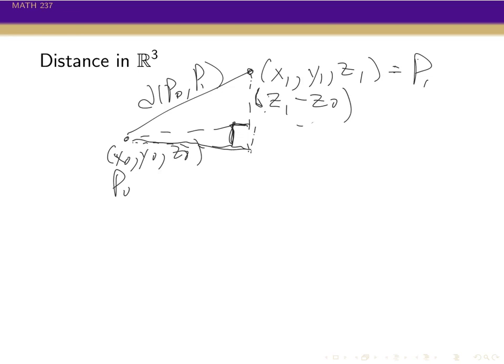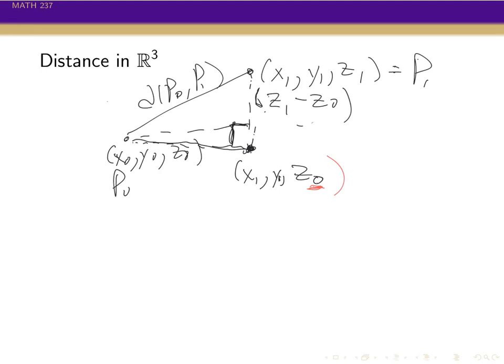And so in fact, if we took this point right here, this point would be x1, y1, but we've made the height the same as for P naught, and so its height is z0.